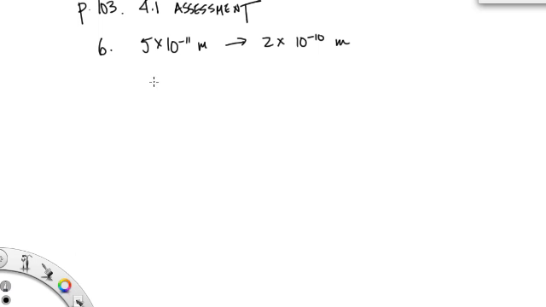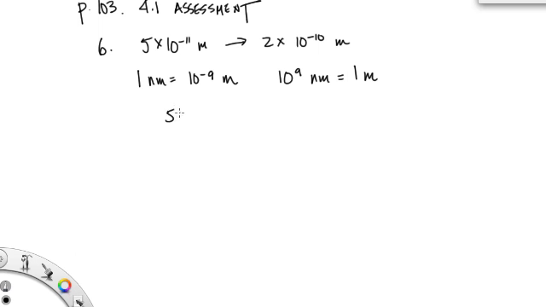So what we need to do is make a conversion factor. And what we have to remember is that 1 nanometer equals 10 to the minus 9th meters. So we're saying that a nanometer is a billionth of a meter. Or we also can say that there are 10 to the 9th nanometers in 1 meter, or 1 billion nanometers in 1 meter.